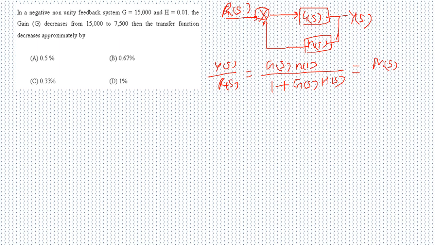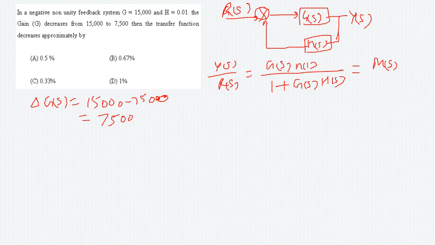The change in G(s), del G(s), is 15,000 minus 7,500, so 7,500 is the decrease.